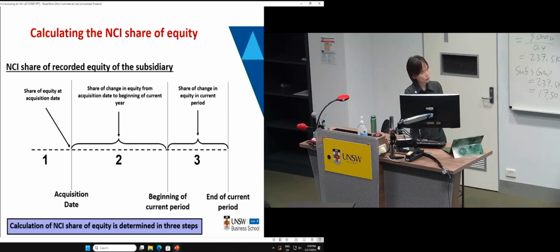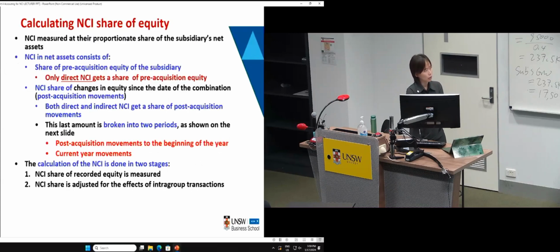Then moving on to the final step, step 3, we identify the changes in the subsidiary's equity balance in the current year. And usually you can find the changes resulting from current year profit or loss, and current year dividend declared or paid. So this is the 3-step NCI calculation in your stage 1, okay?